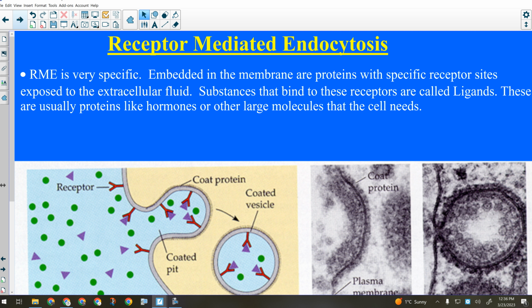Right? So on the surface of the membrane are these receptors. The receptor gets triggered and it engulfs that stuff. This is actually what it looks like under an electron microscope. Okay, so you can actually see some of the receptor molecules here. And then in here, you can see this kind of cup shape that they would have.